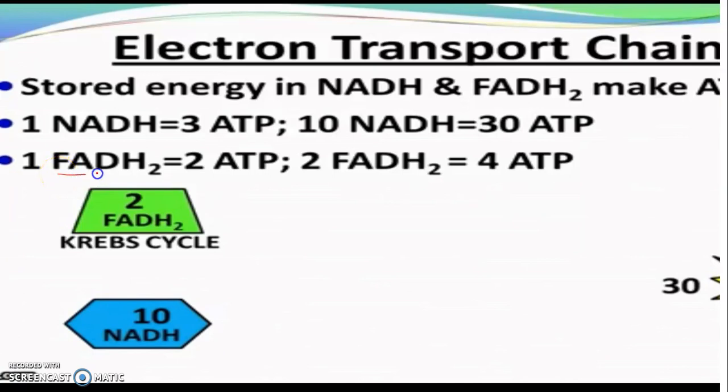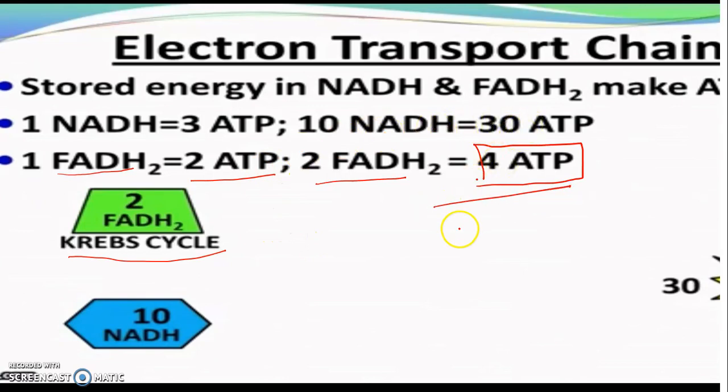FADH2 produces 2 ATP and there are 2 FADH. These 2 FADH were coming from the Krebs cycle. So 2 FADH produce 4 ATP. So in total there are 34 ATP from NADH and FADH2.